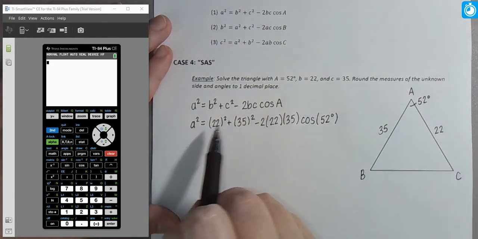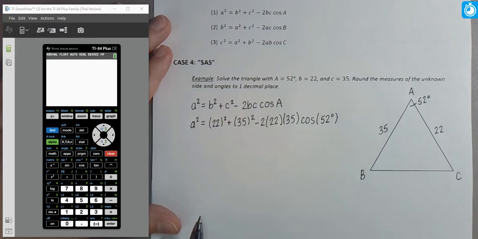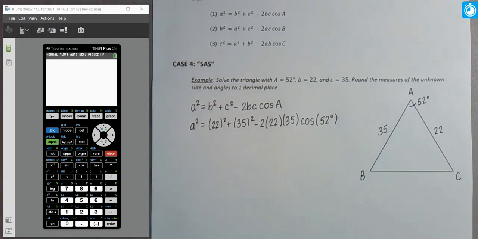You'll notice that everything here on the right-hand side will simplify down to a single constant. If you're very careful, you can type that whole side in your calculator in one line. You just have to be very careful. My recommendation is when you write parentheses, use them in your calculator too, just to be safe.